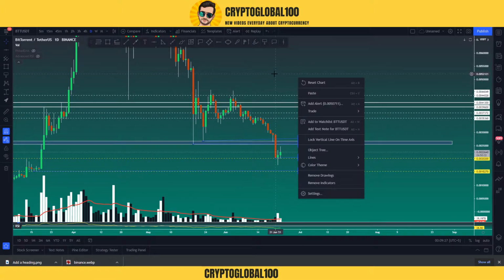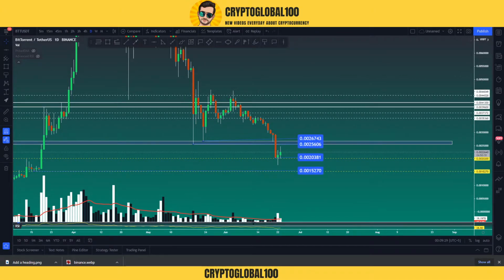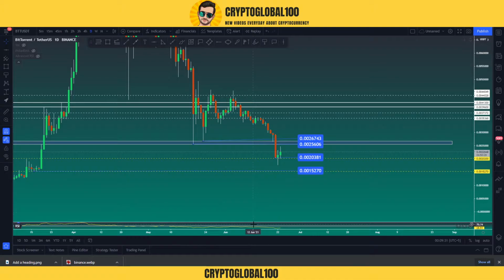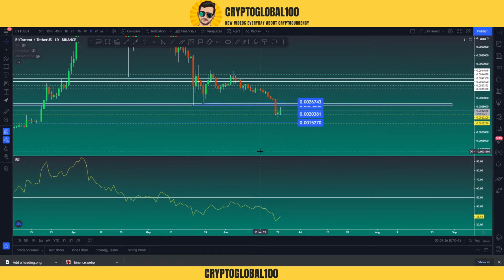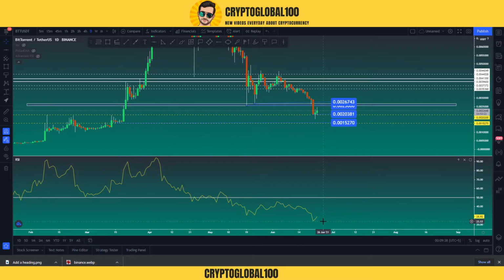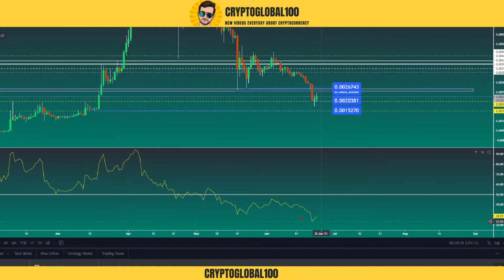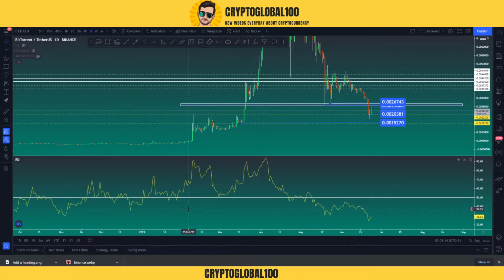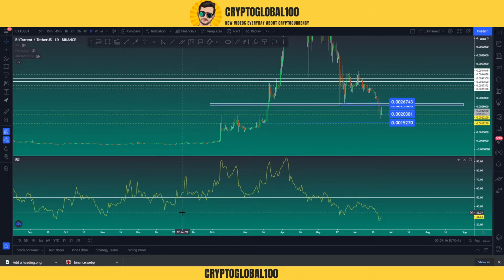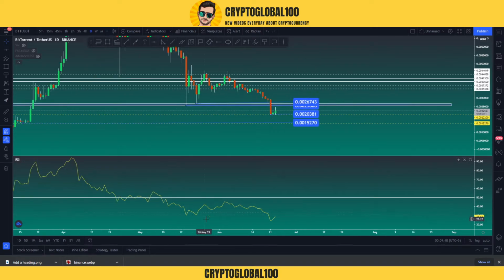And if I turn on the RSI for you guys, let me turn off the volume. Do we have any divergence? Let me check. You can see here we are in the overbought situation, guys. Simple as that, no divergence.